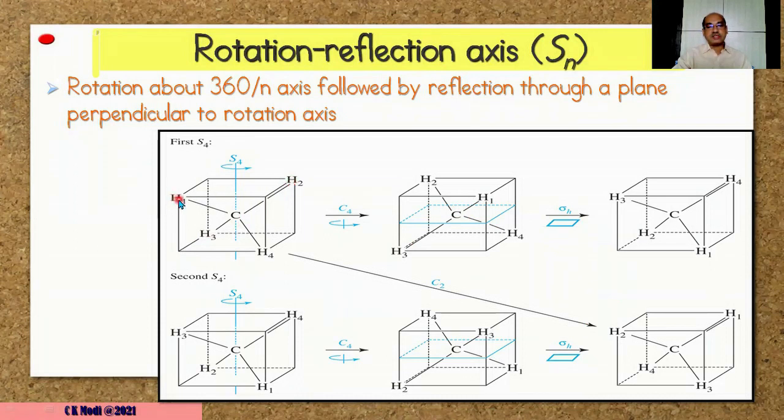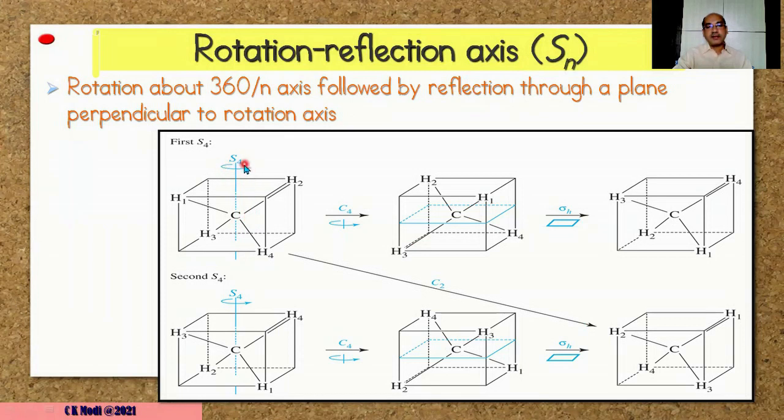H1 is situated here, H2 here, H3 here, and H4 here. So it is rotation by 360 by n about an axis followed by reflection through a plane. These involve 2 operations simultaneously: rotation by n axis followed by reflection through a mirror plane.